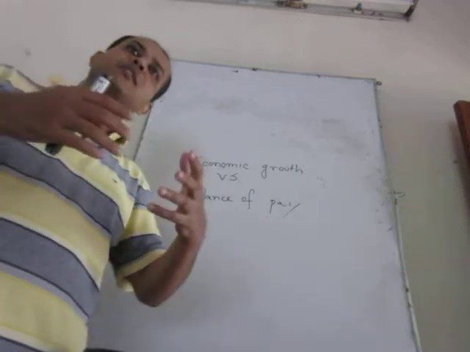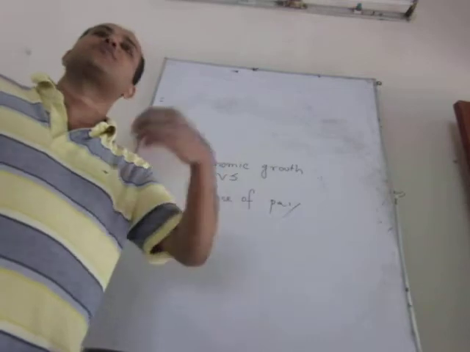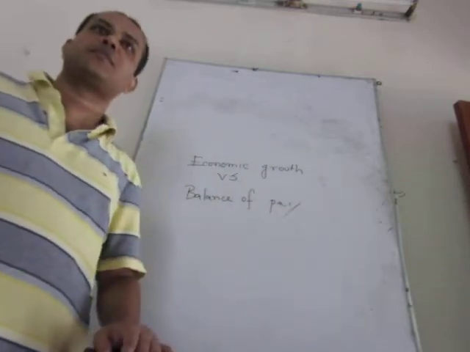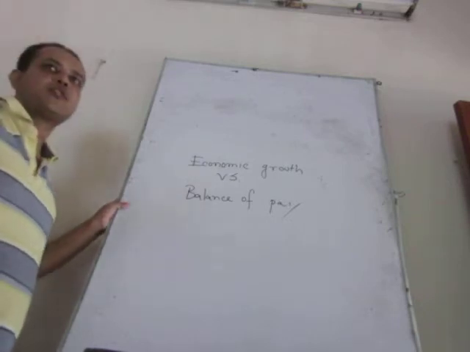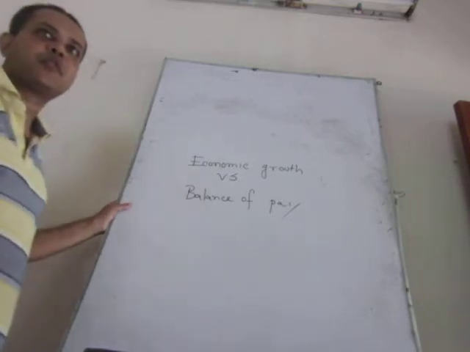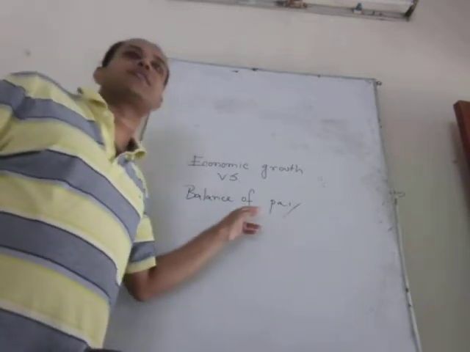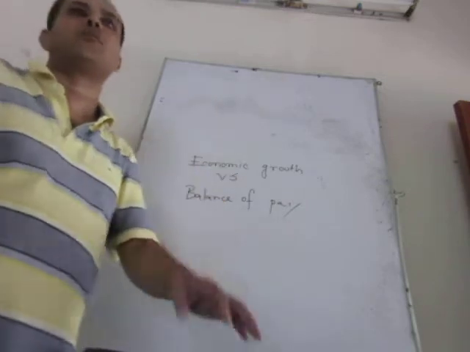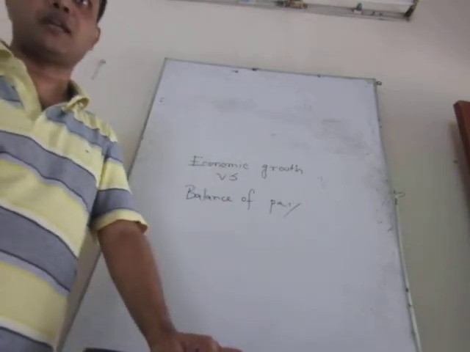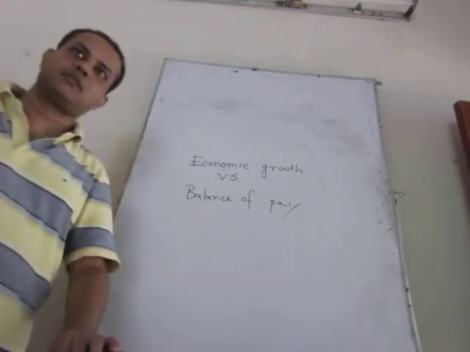You will even demand different kinds of products which are not produced in your own country. That means when demand is more, the demand for imports is obviously more. So the government has to face this kind of problem: there is a problem in balancing export and import, because imports become more than exports. Clear? So these are two different objectives which are conflicting.